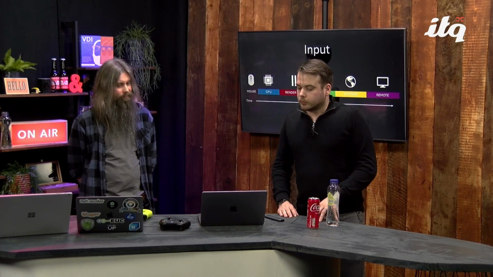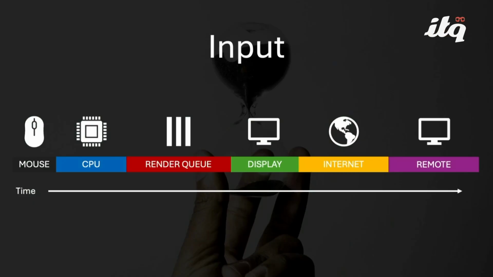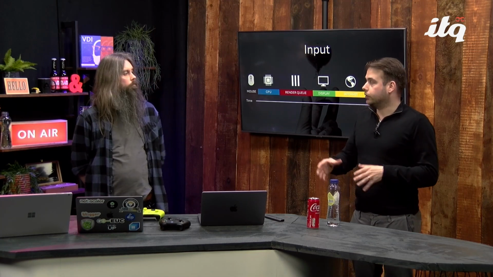So if you talk about input latency, there's a lot of steps involved, especially also in VDI. You have interaction with the physical mouse or a device. Usually when we have VDIs, it's a mouse, but it can also be a gaming controller. But that signal has to be processed. At first it's going to be processed at your endpoint.